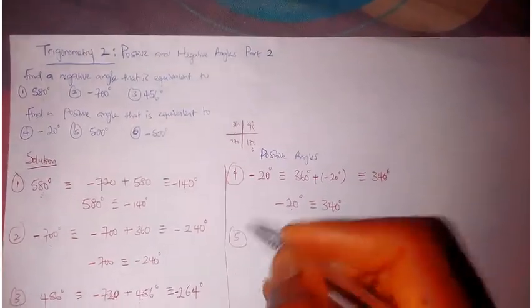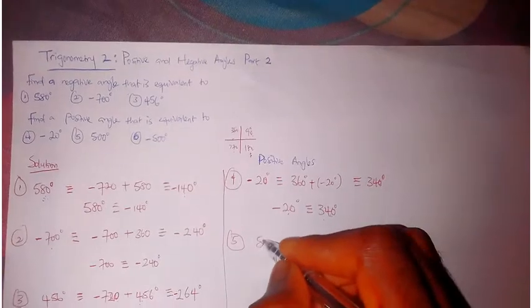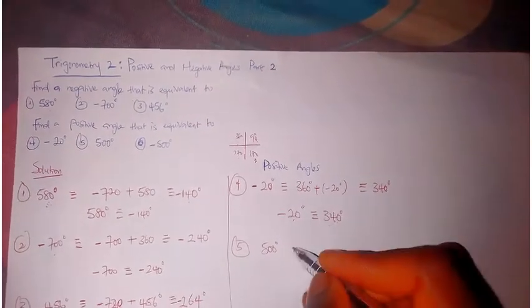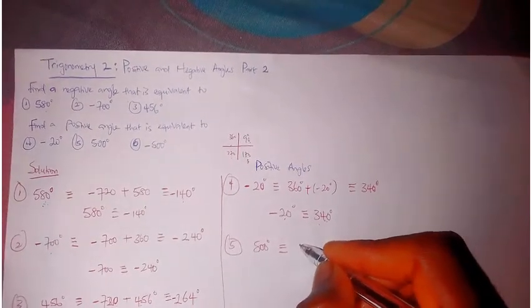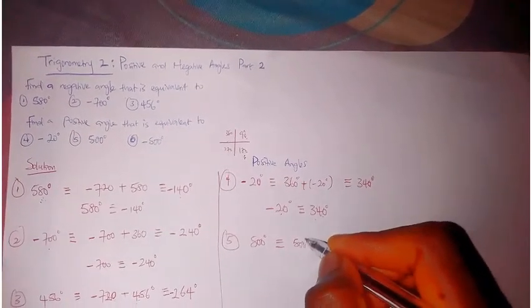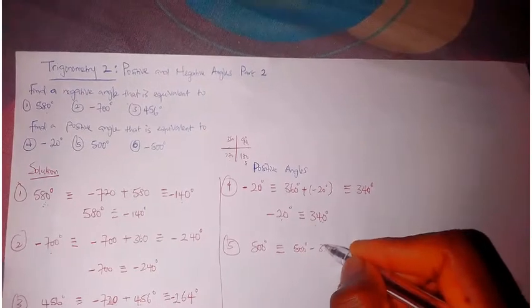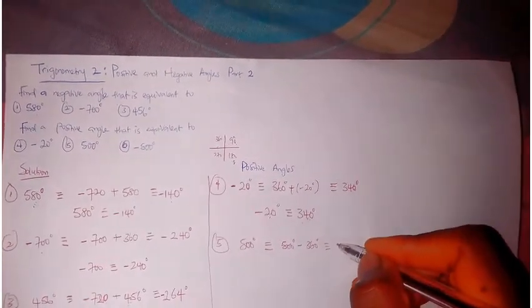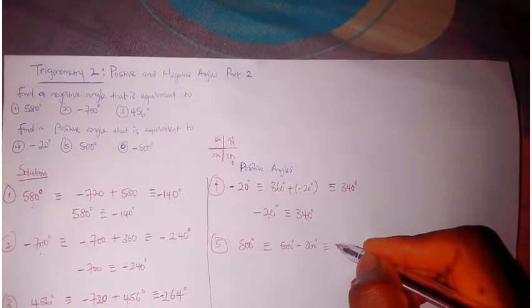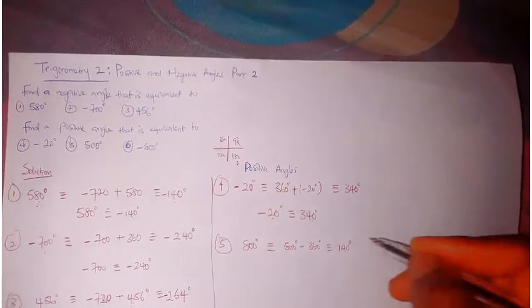For number 5, we have 500 degrees. I'm looking for the positive angle that it is equivalent to. In this case, I can just say 500 minus 360 degrees, which is equivalent to 140 degrees.